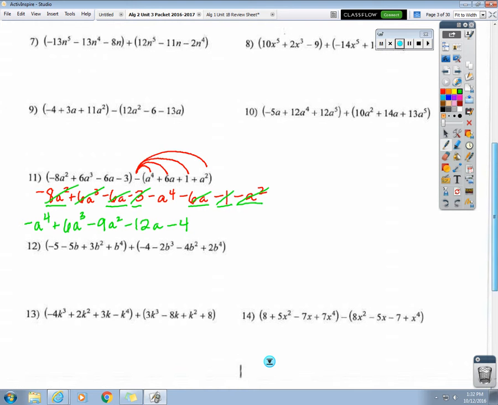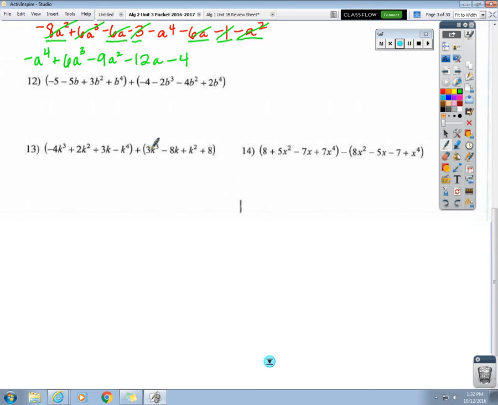Okay, number 13. This one's even easier because you don't have to worry about signs. You just start right away combining like terms. What can combine with the negative 4k cubed? We're doing odds. 3k cubed, right?